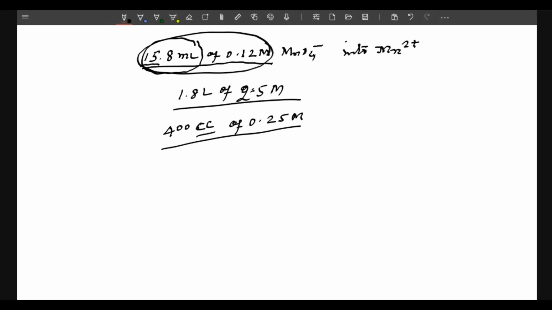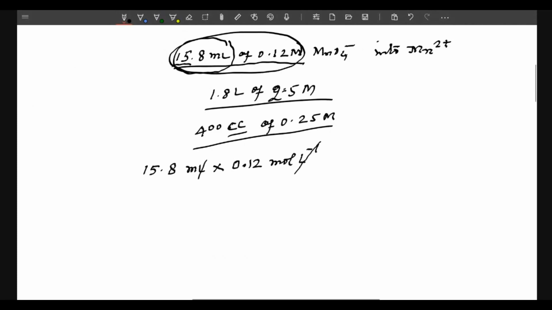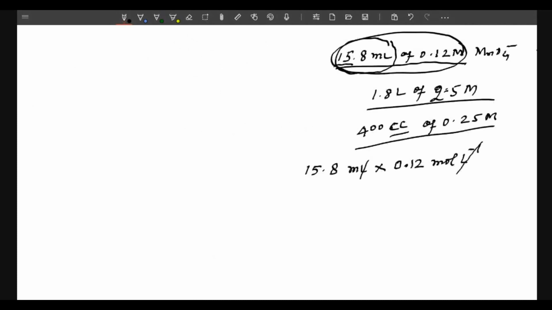What is the volume in which you are going to calculate? 15.8 ml into 0.12 molar. 0.12 molar means mole per liter, that we call the molar. Here it is necessary to give it in terms of mole per liter. Therefore, this per liter and liter get cancelled. This you know, milli, this is milli, this is mole.